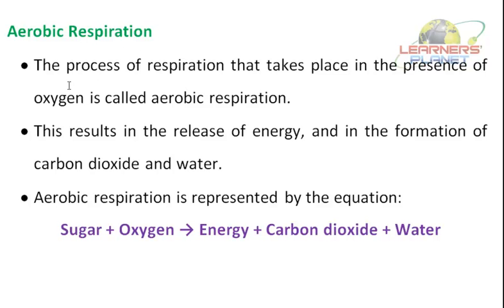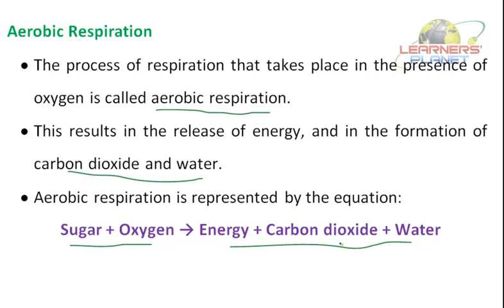So, aerobic respiration is the process of respiration that takes place in the presence of oxygen, and that is why it is termed as aerobic respiration. And this results in the release of energy and in the formation of carbon dioxide and water. And so it is represented by the chemical equation as sugar plus oxygen, which gives out energy plus carbon dioxide plus water, energy in the form of heat.